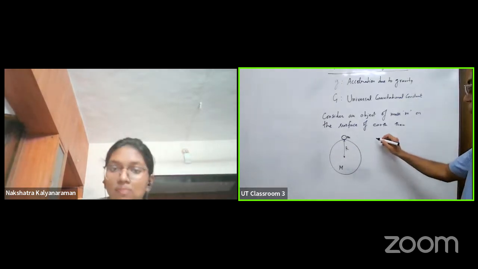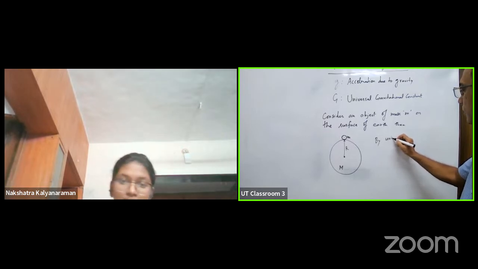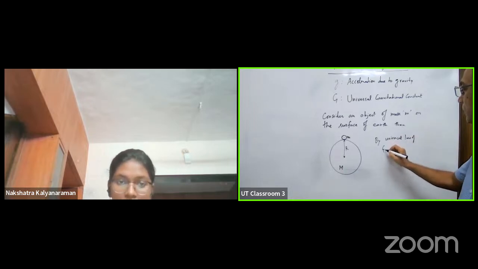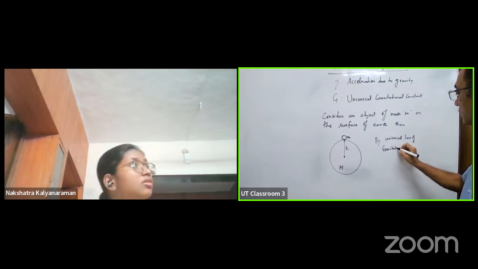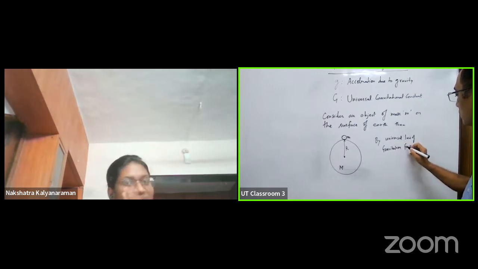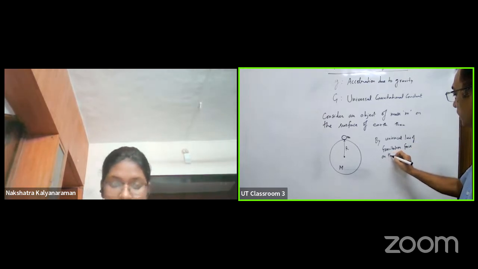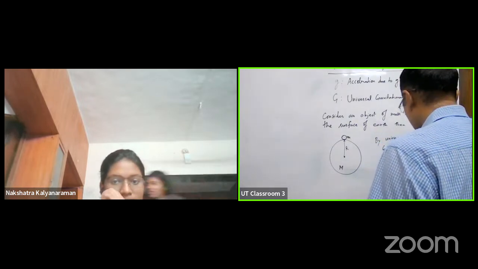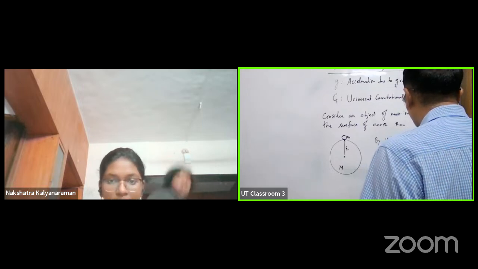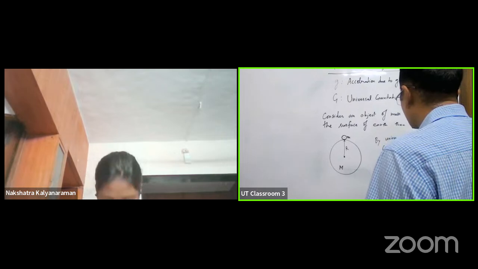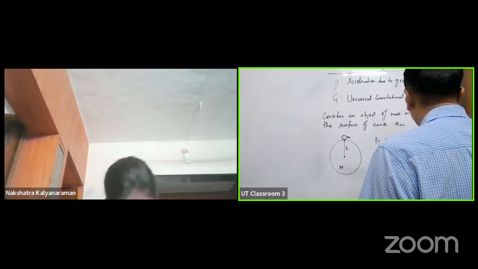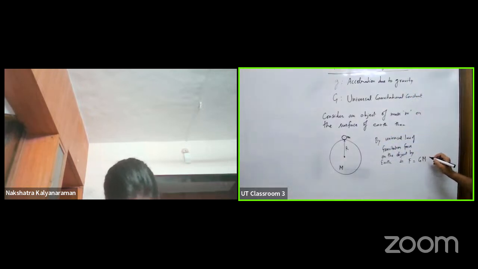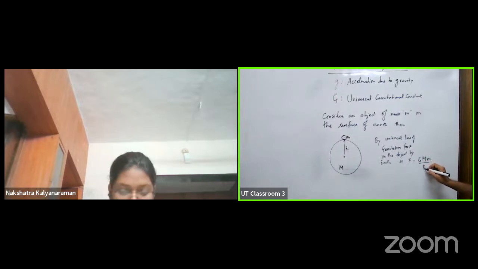So by the universal law of gravitation, the force on the object by Earth is F equal to G capital M small m upon r square.